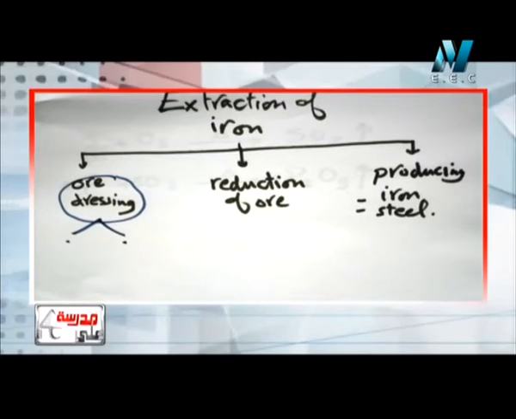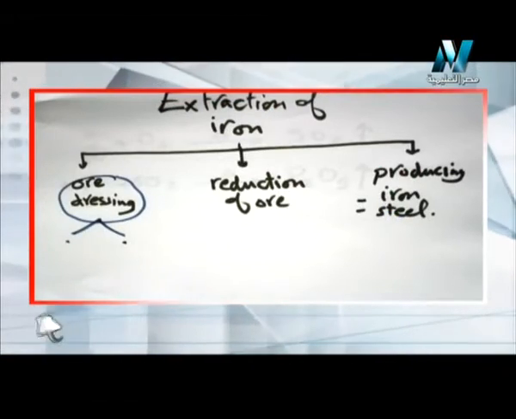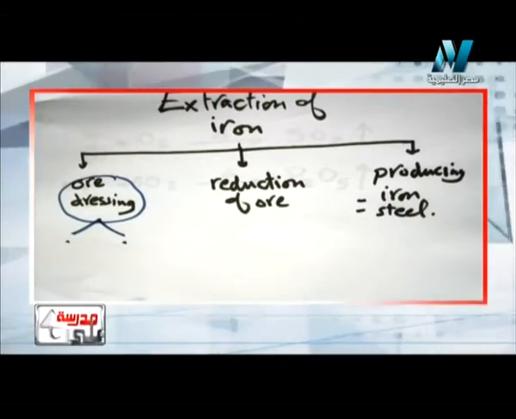Number one, improve the mechanical and physical properties by three steps: crushing, sintering, and concentration. Number two, improve the chemical properties by roasting. Roasting has three aims. Number one, get rid of humidity. Number two, increase the percentage of the iron. Number three, get rid of impurities.